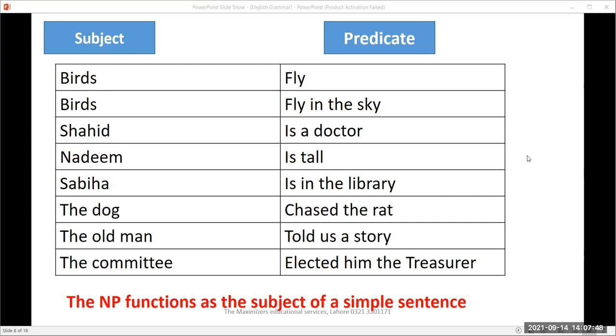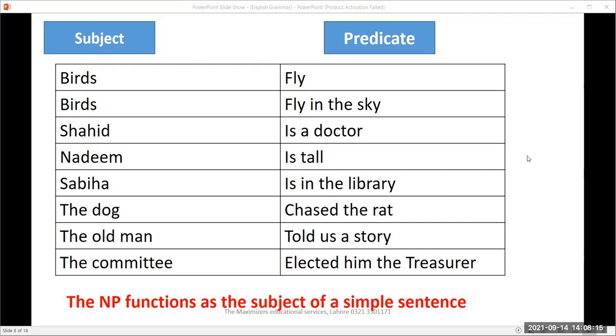What is a phrase? A phrase is a combination of two or three words which cannot give stand-alone meaning. It only gives meaning when it is placed in a sentence. So the dog itself makes no sense. Likewise, chased the rat makes no sense. So here the dog is the subject and chased the rat is the predicate.